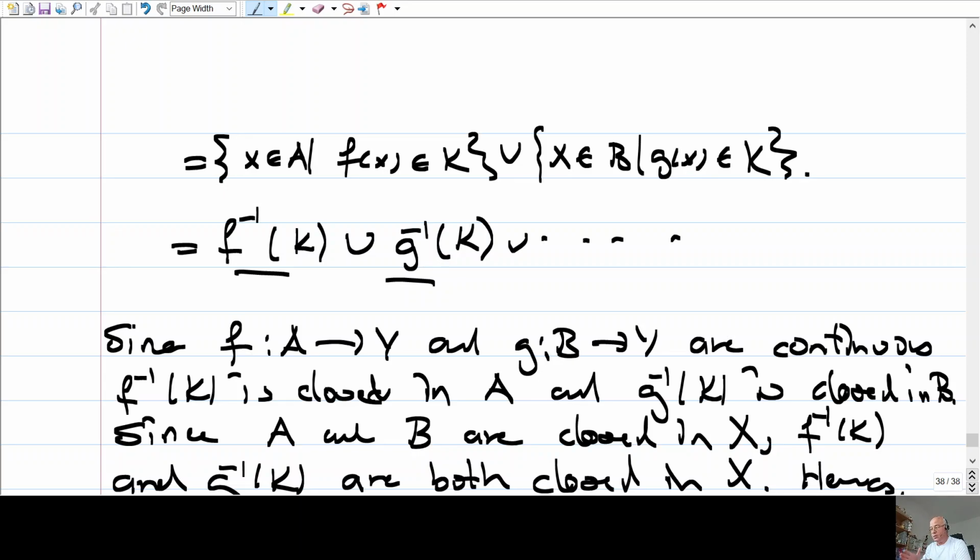So when you take finitely many of them, their union is closed, but infinitely many wouldn't be closed. Therefore, this proof wouldn't work for infinite unions.